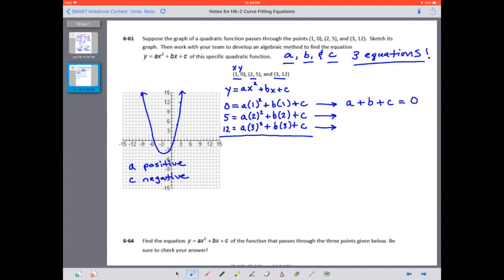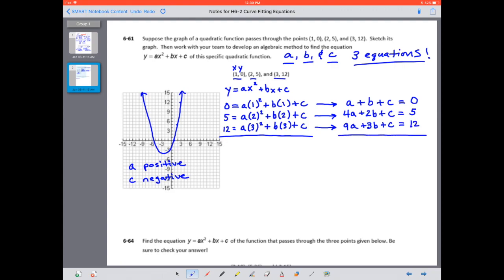The second equation, we do 2 squared, which is 4. So we have 4a plus 2b plus c equals 5. And then the third equation, we're going to have 9a plus 3b plus c equals 12.